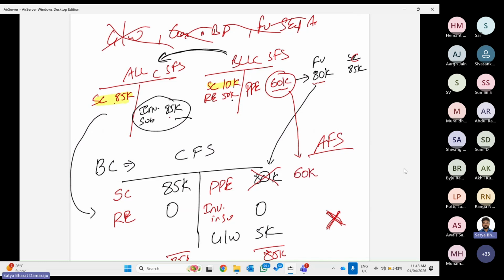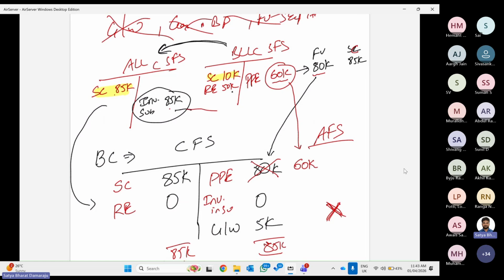60,000, you present. Number 2, investments: don't eliminate. Just bring it as per the investment it is shown. Show 85,000 as it is. Yes, it's a duplication, but still you have to show it. Goodwill, don't show. We are hated against the goodwill, but gain on bargain purchase, don't record anything, make it 0.